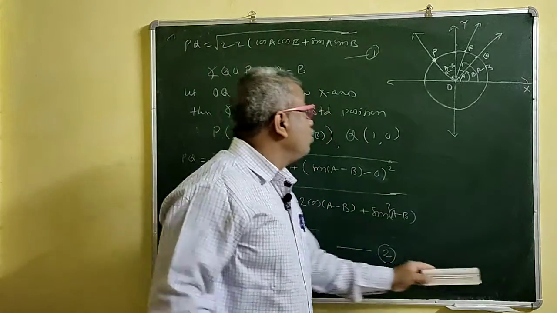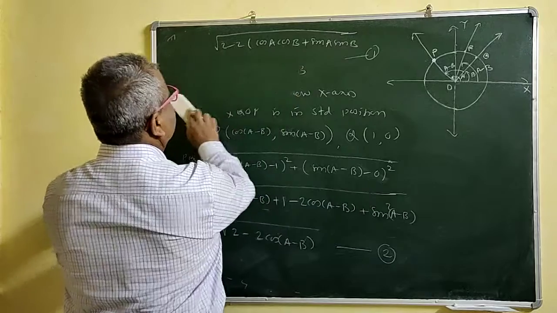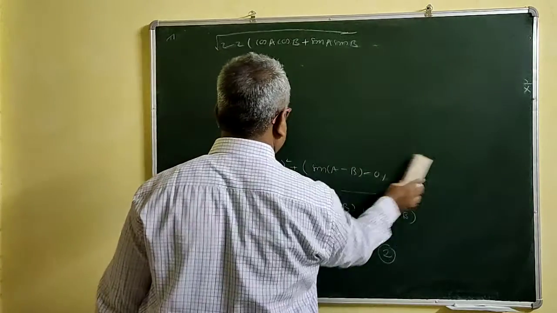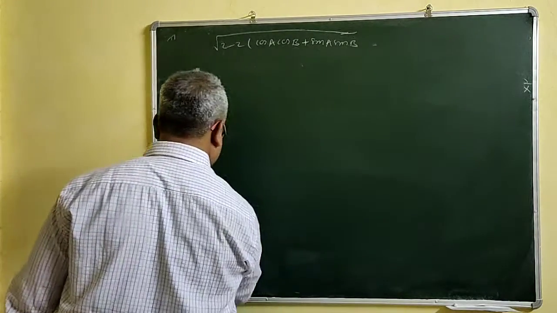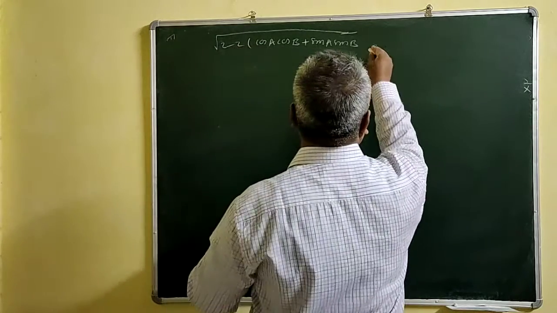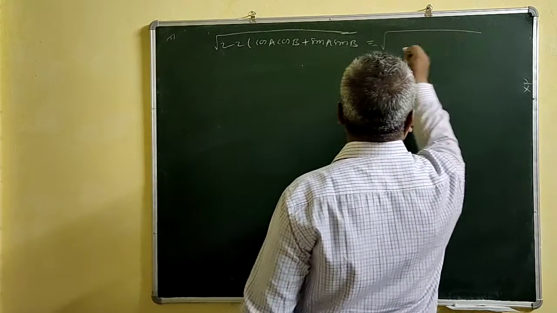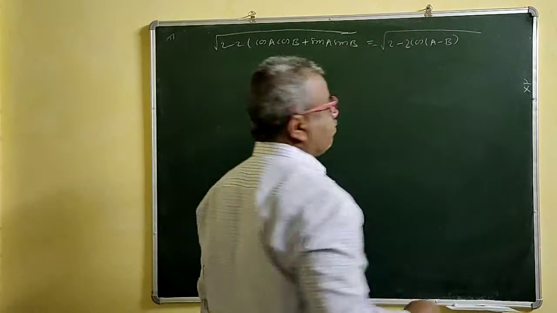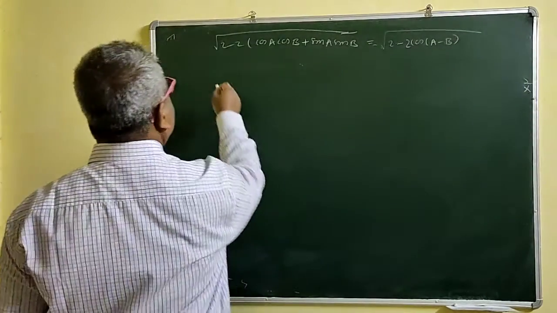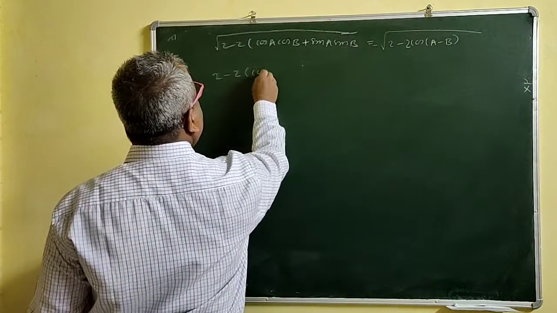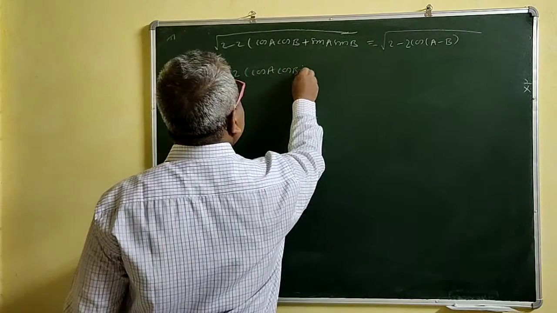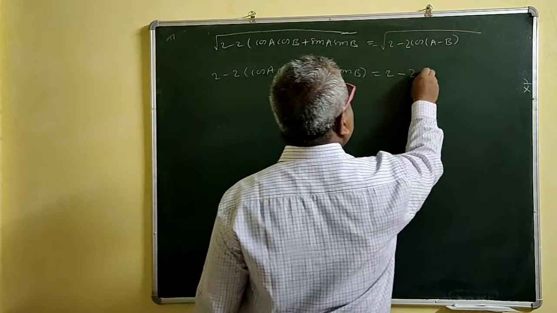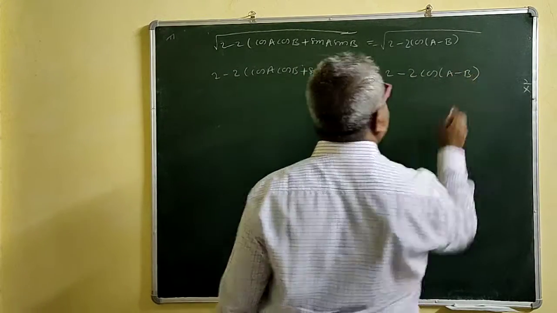So therefore from 1 and 2, now we don't want the figure, we'll erase this. From 1 and 2, what we get? Root of (2 minus 2 cos a cos b plus sin a sin b) is equal to root of (2 minus 2 cos of (a minus b)).